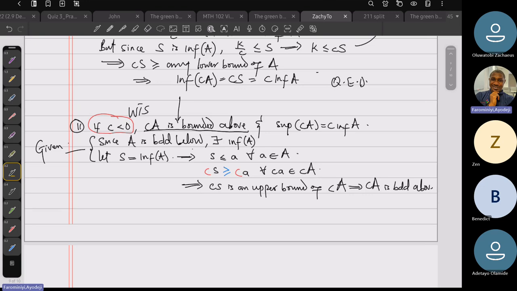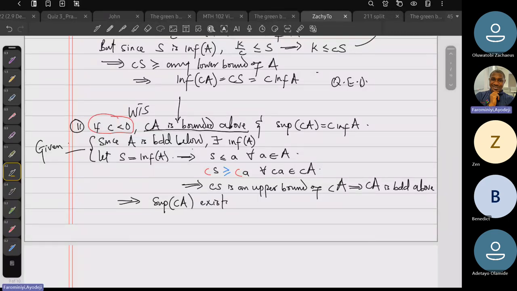And once it is bounded above, we know that there is going to be a supremum, right? So which implies that the supremum of CA exists.